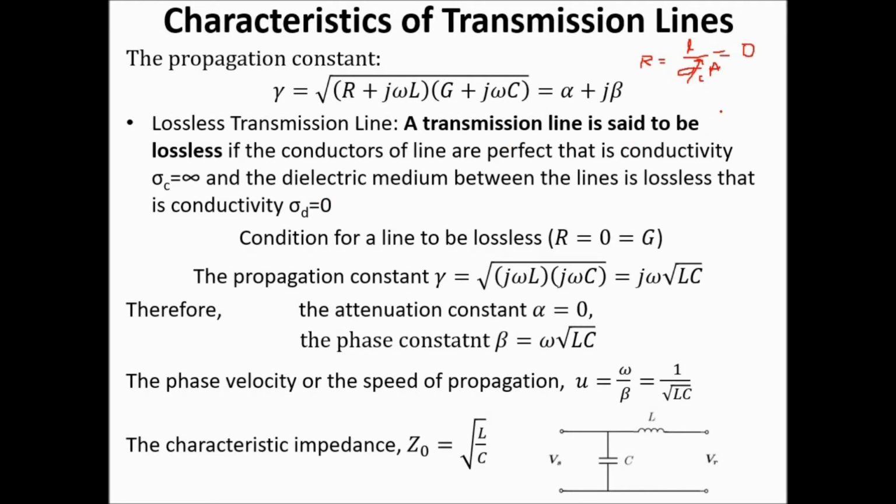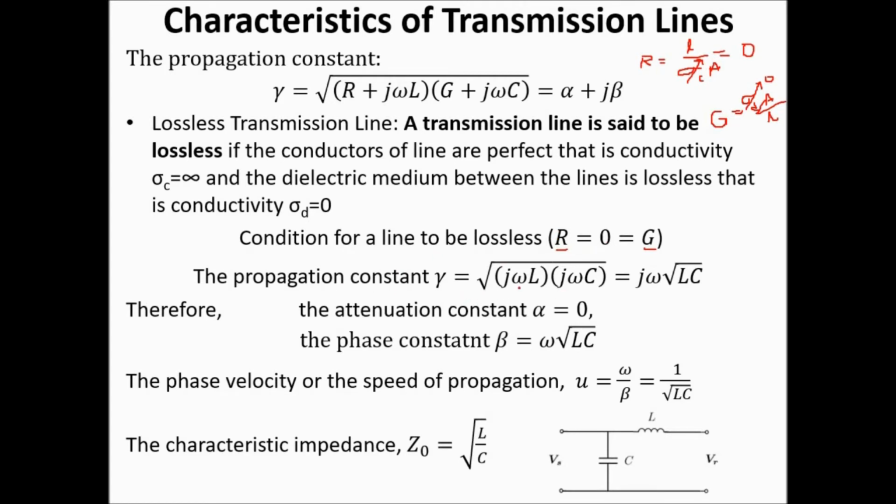And for dielectric, you have G equal to sigma dielectric times A over L. So here sigma D is very small, 0. So the conductivity of the dielectric material will be 0. So we are getting R equal to 0 and G equal to 0 for lossless medium. Lossless means there will be no resistance of the conductor and no conductance for the dielectric material.